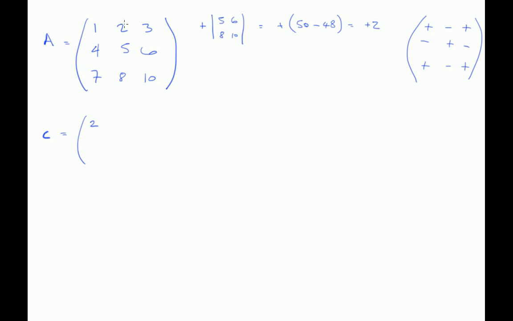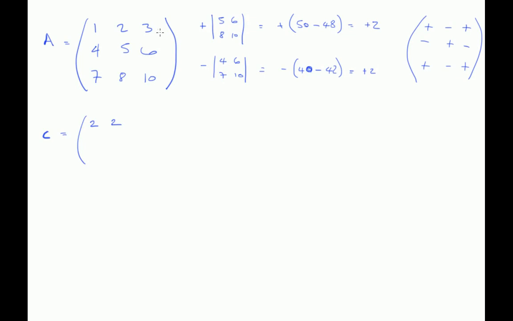For this location, the cofactor is minus the determinant of the minor, so we eliminate this column and this row, so we get 4, 6, 7, 10, so that's 40, so minus 40, minus 6 sevens are 42, so that is minus minus 2, which is again plus 2. Okay.